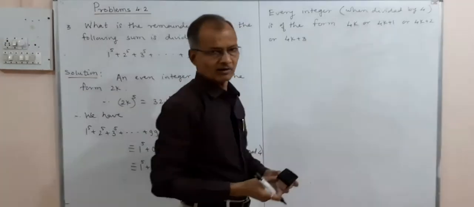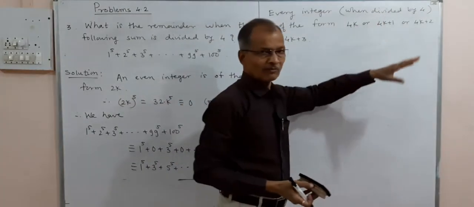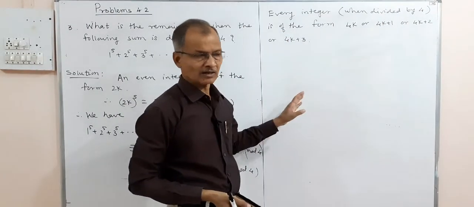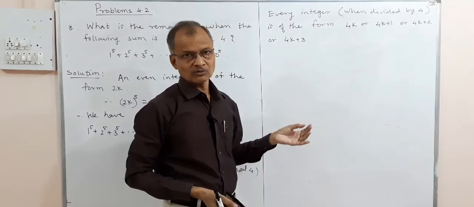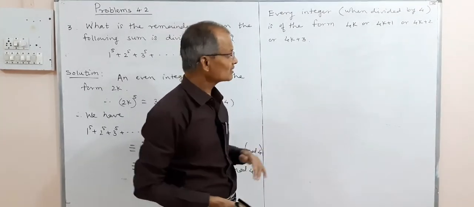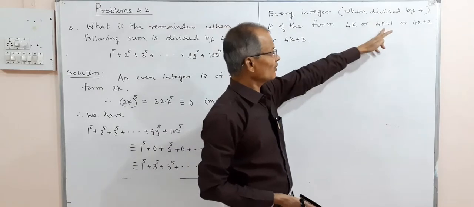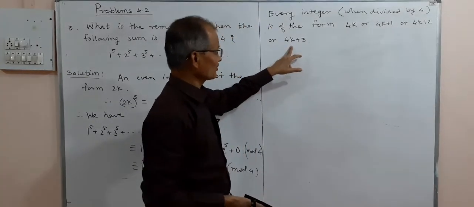So this is simple. When we divide by 4, the possible remainders are 0, 1, 2 and 3, 4 remainders, and thus 4k, 4k plus 1, 4k plus 2 or 4k plus 3.